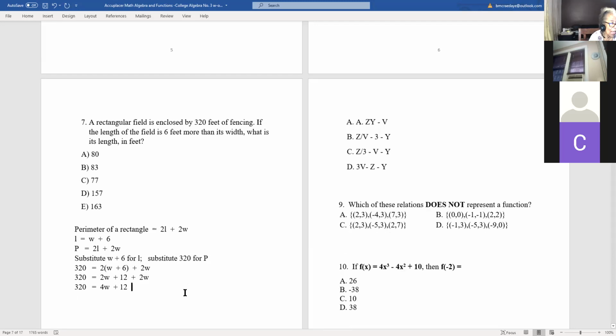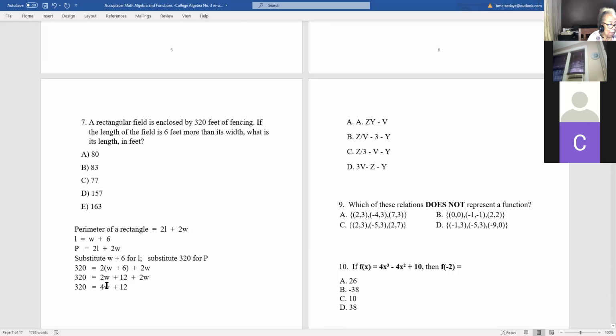Now, what do I do next? You multiply? No, remember I'm trying to find W. So what do I have to do to both sides to just have W over on the right side? Subtract? Yes, what do I subtract? Not 4W, 4W is what I'm looking for.